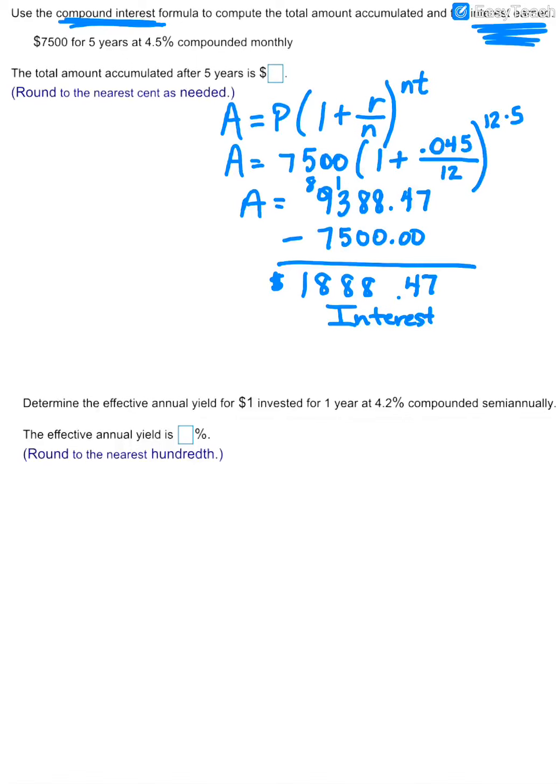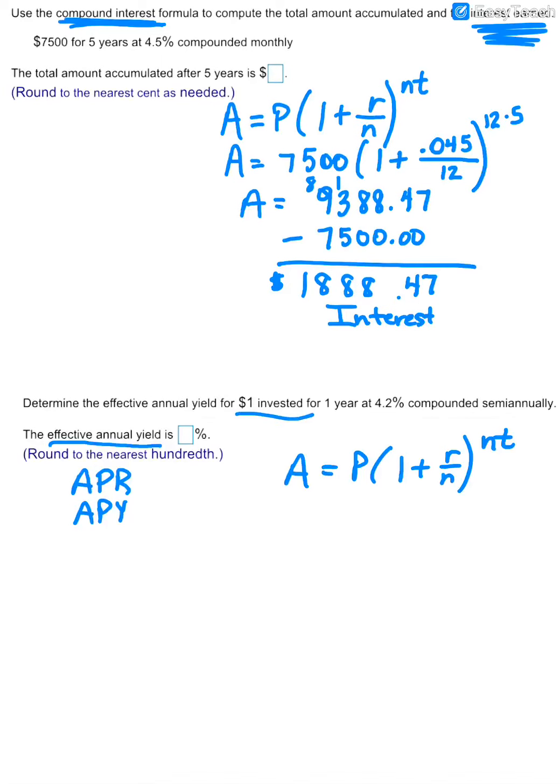For my last question, when you're being asked to determine the effective annual yield, some books call that your APR for annual percentage rate. Some books call it the APY for annual percentage yield. No matter what it's called, you can still use the compound interest formula. And what you do is you look at investing just $1, which they're telling you here, for 1 year.